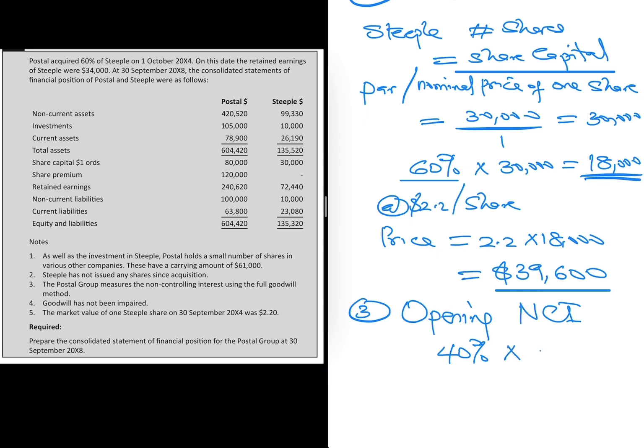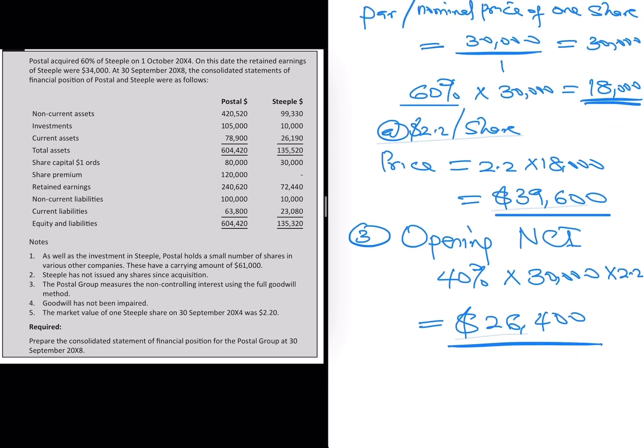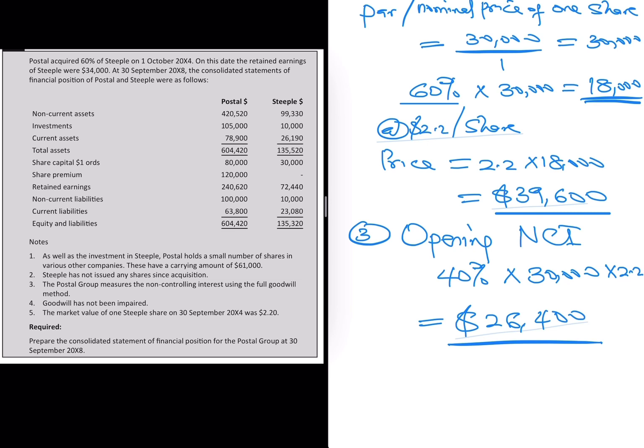So we know the number of shares is 30,000. So which means 40% of 30,000 shares multiplied by the value of the share. That's times 2.2, and that will give us NCI opening value of 26,400.